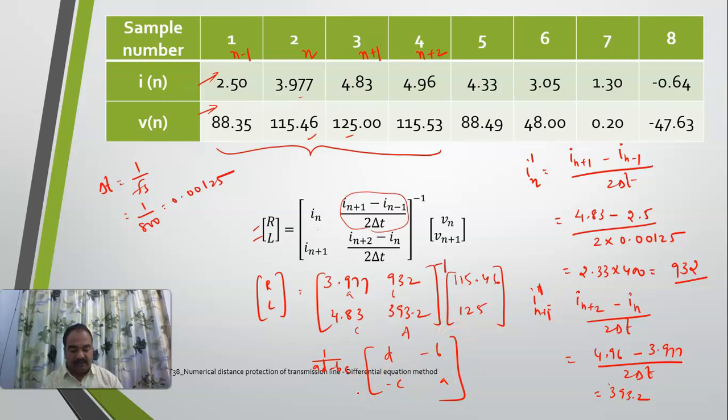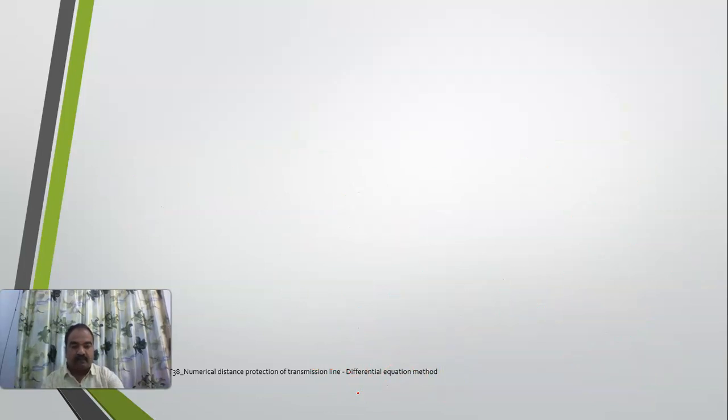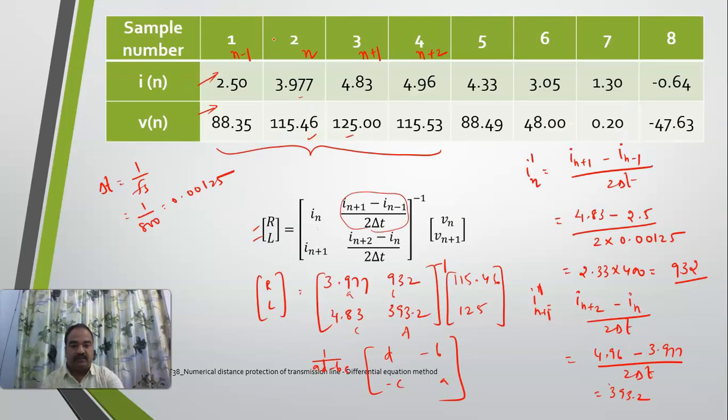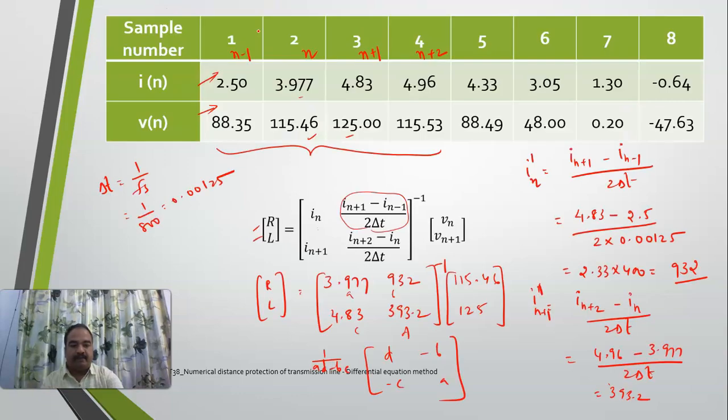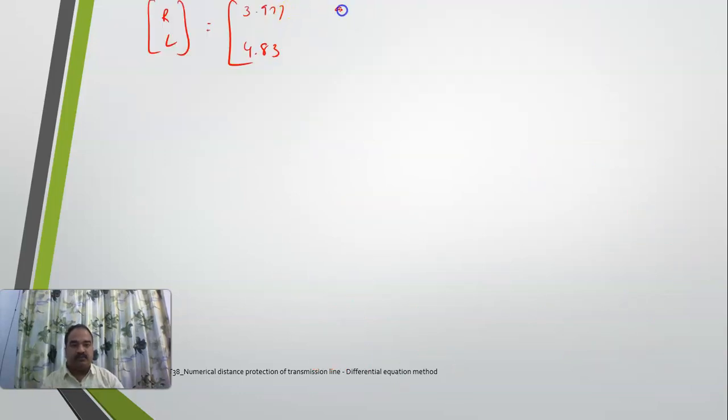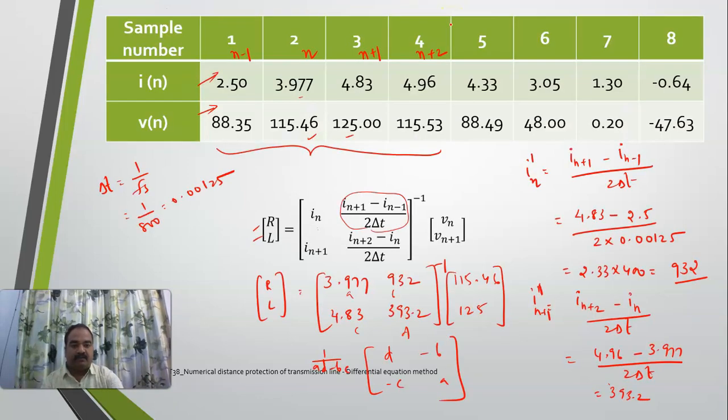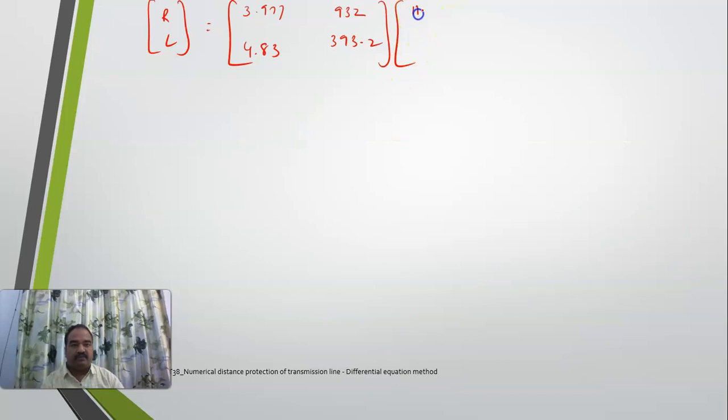So let us rewrite this equation again here. This is my R, L, this is 3.977, this is 4.83 and 932, 393.2, and this is 115.46, and this is 125, and this is the inverse of this one.